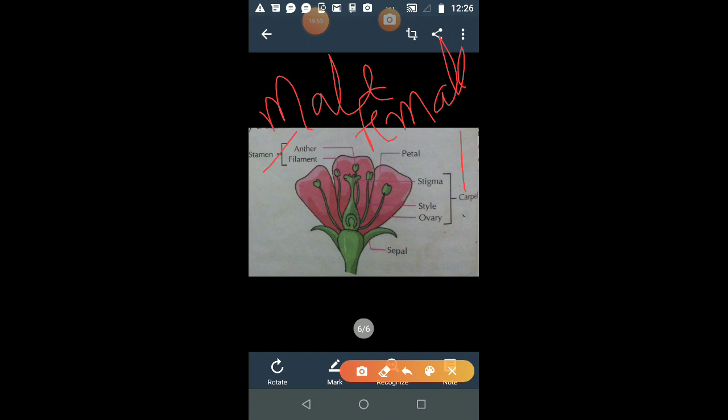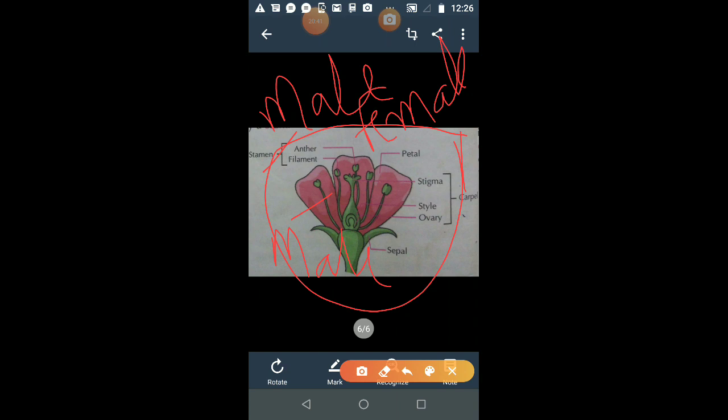Now listen. If a pollen is transferred from the anther of one flower to the stigma of the same flower, see the diagram, this is the diagram of a hibiscus flower. This is the male part, anther is inside, pollen grains are inside the anther.